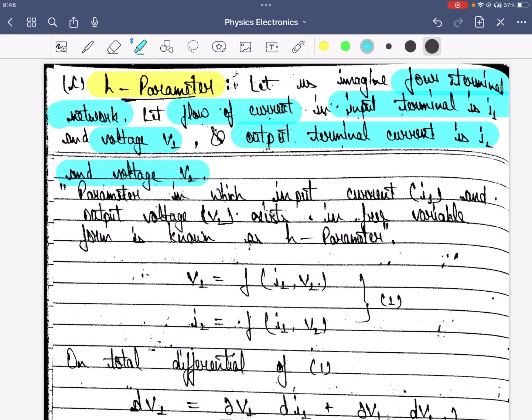Now the parameter in which input current I1 and output voltage V2 exists in free variable form is known as the h parameter. That is, V1 is equals to function of I1 comma V2 and I2 is equals to function of I1 comma V2. Here I1 and V2 are in the free variable form.